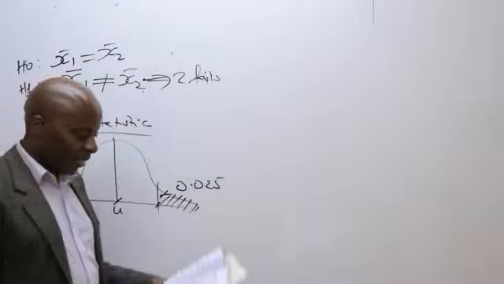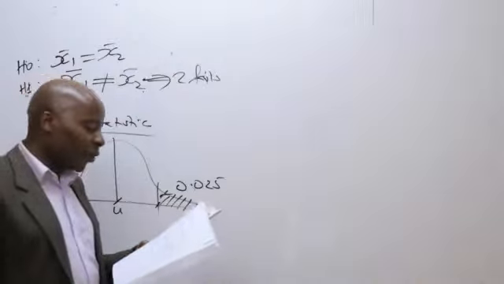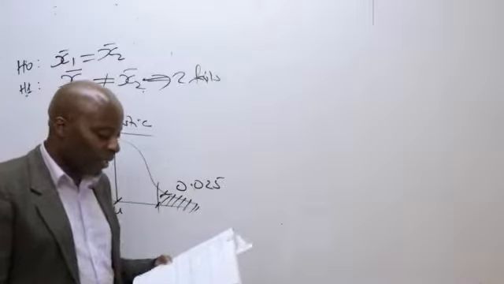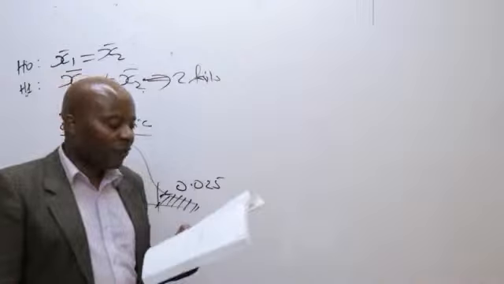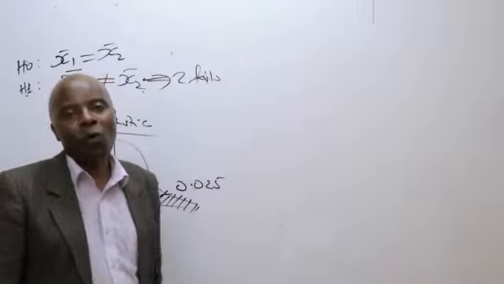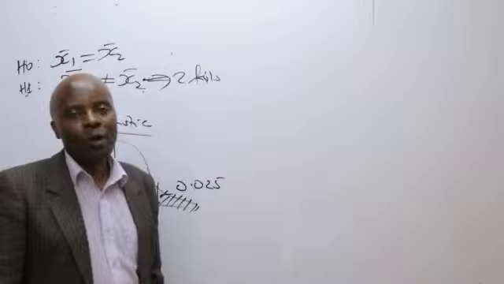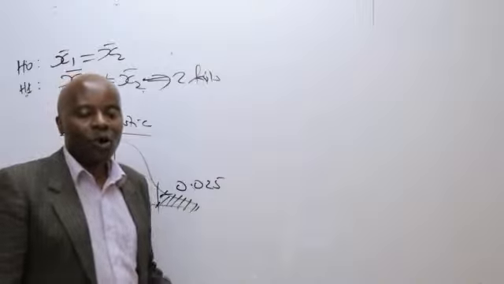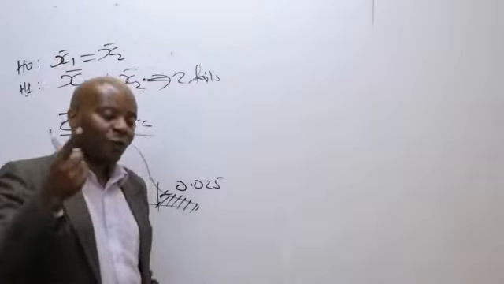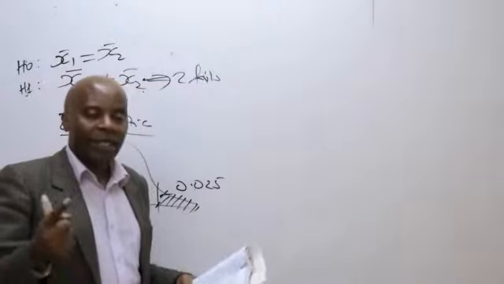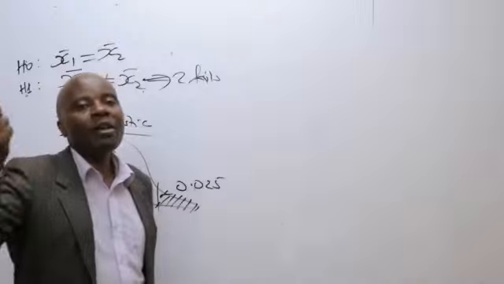Then I know it's a mistake from KASNEB. Normally, it can't be such a high significance level. This 95% will be the confidence interval. Confidence interval plus significance level must add up to 1. So when the confidence interval is 95%, then the significance level will be 5%.